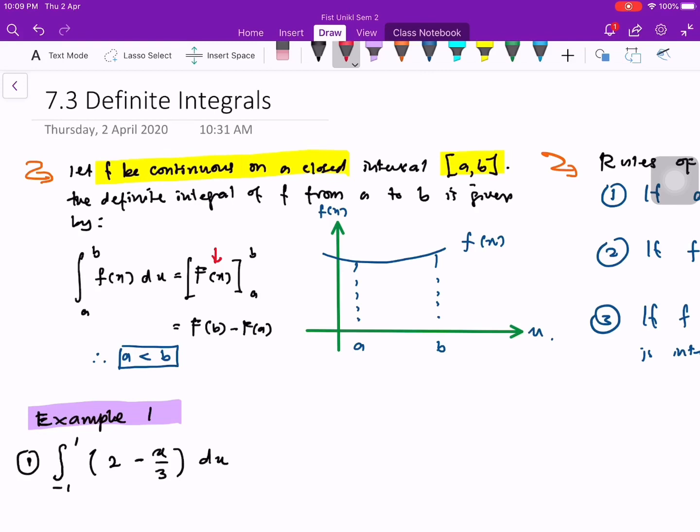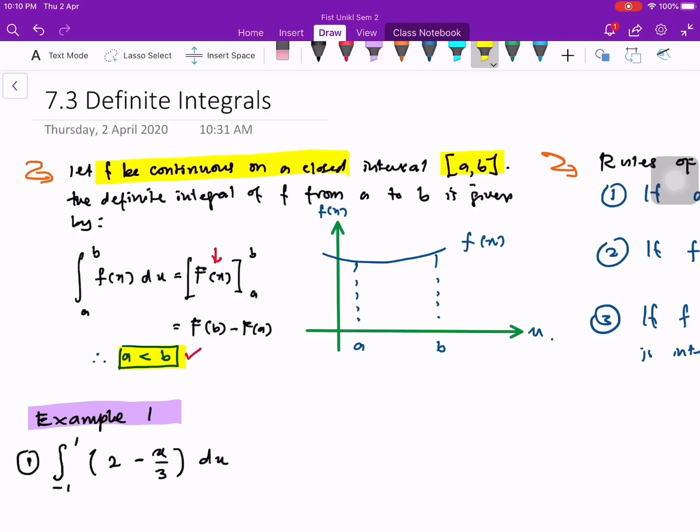So kita akan tulis in bracket F(x), capital F(x), and then we have a limit from a to b, and normally this b is greater than a. Then after we put the limits, this must be F(b) minus F(a).